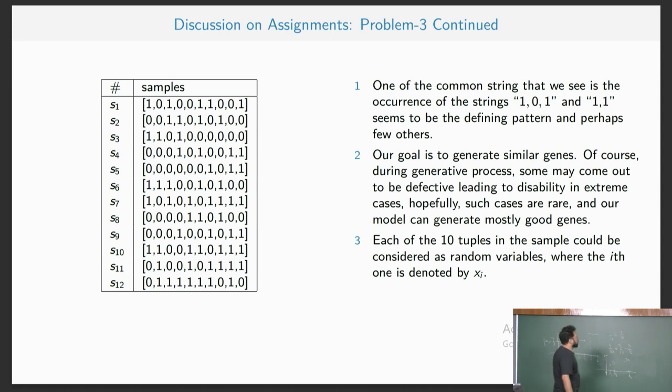These are tuples of 10 entries, and each of them is random. Each entry can be modeled via a random variable, and there are 10 random variables in our problem.